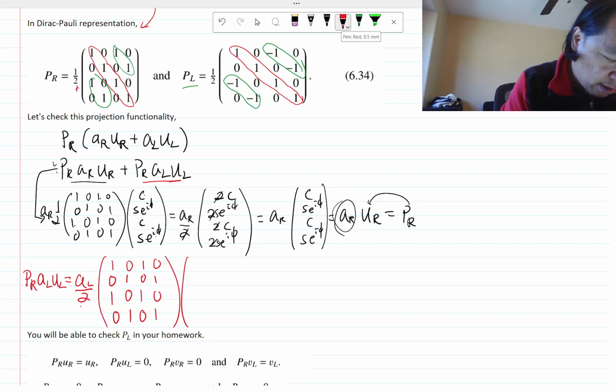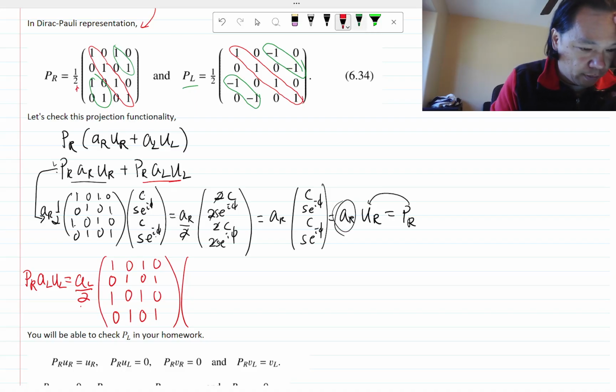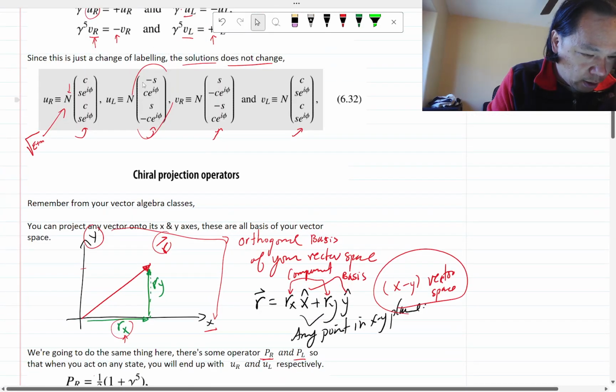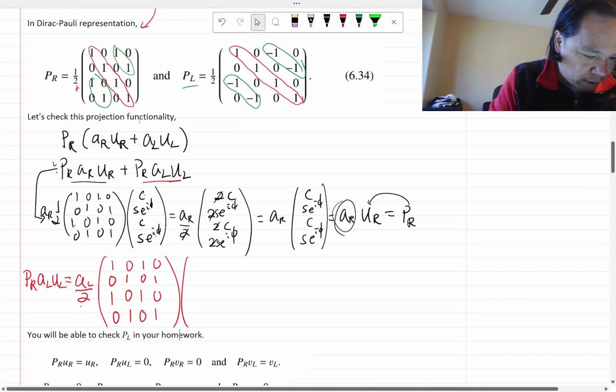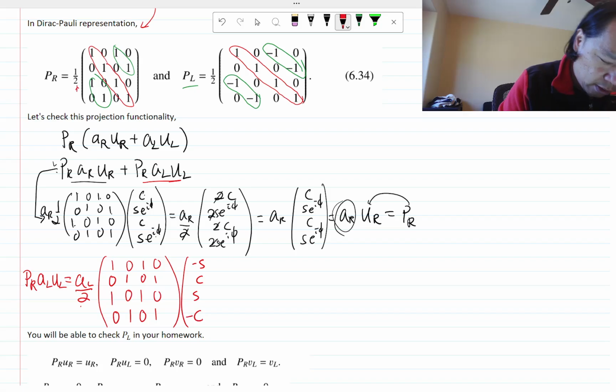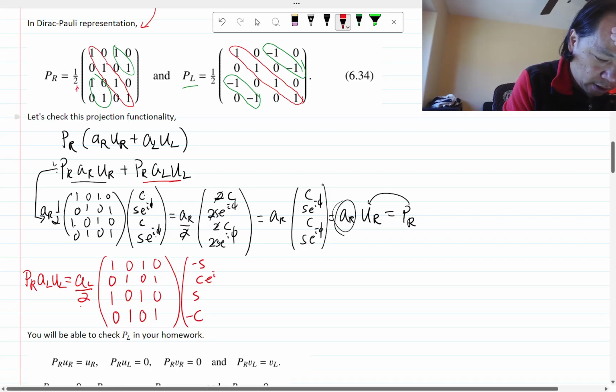Now we're going to act on this with the UL, which is a different spinor. So it's minus S, so S, C, S, C, and then minus on the top and the bottom. And I think it's the e^{i phi} connected to the cosine this side.